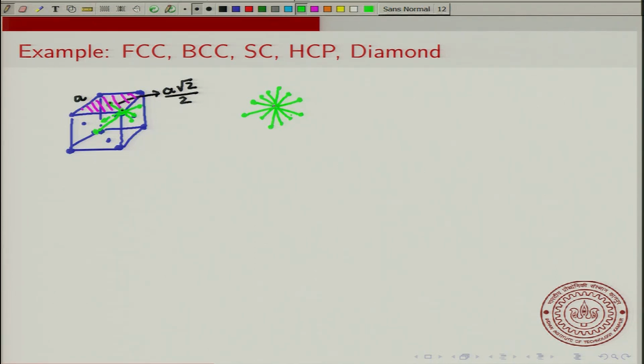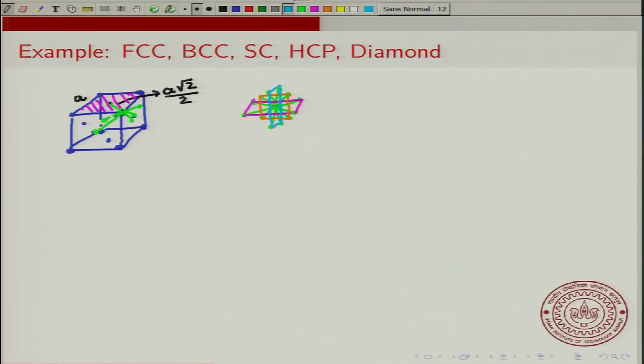And you can see now that basically there are 12 nearest neighbor atoms, so the coordination number will be 12. Again, you can draw the different planes. There would be one that is the plane of the screen, and the third plane would be perpendicular to this.